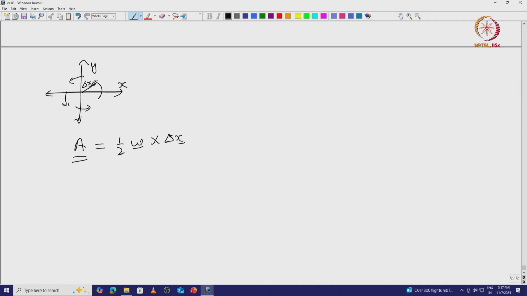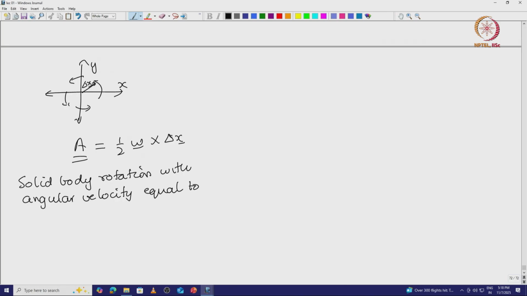Therefore, this is solid body rotation with angular velocity equal to 1/2 of the vorticity, where vorticity omega is equal to the curl of the velocity.